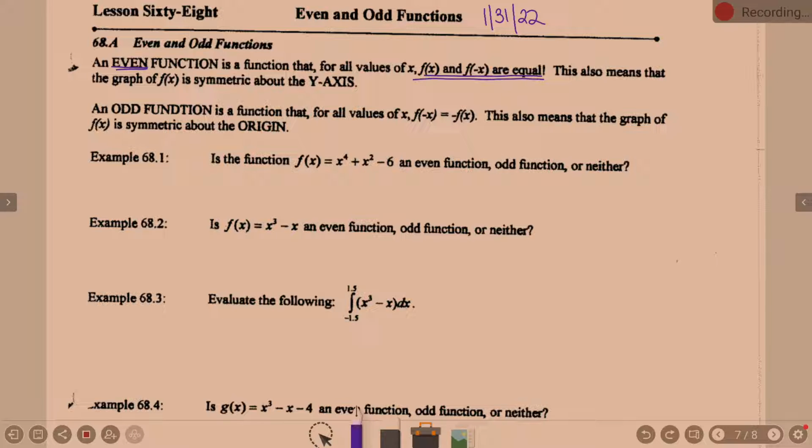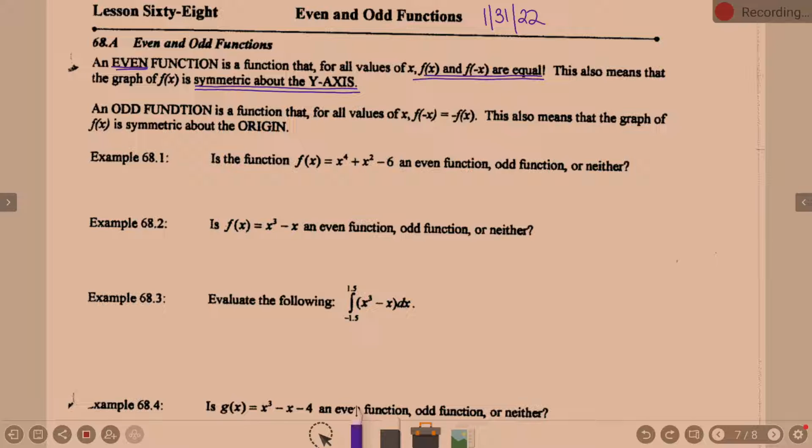This also means that the graph of f of x is symmetric about the y-axis. So there's also a graphical way to tell if something is even, and that is having that vertical y-axis symmetry. Okay, so even: f of x equals f of negative x, symmetric across the y-axis.